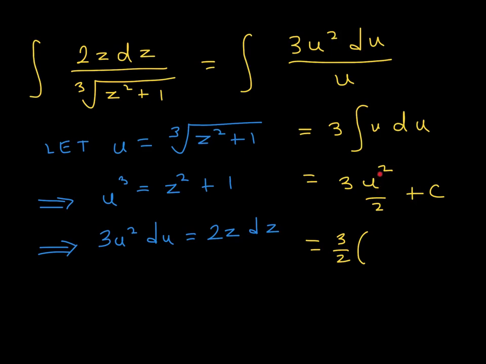But according to this, we have to square it. So then that just becomes z squared plus 1. If you square the cube root, that just means to the power of 2/3, right? Plus c. And this happens to be the same answer that we got before.